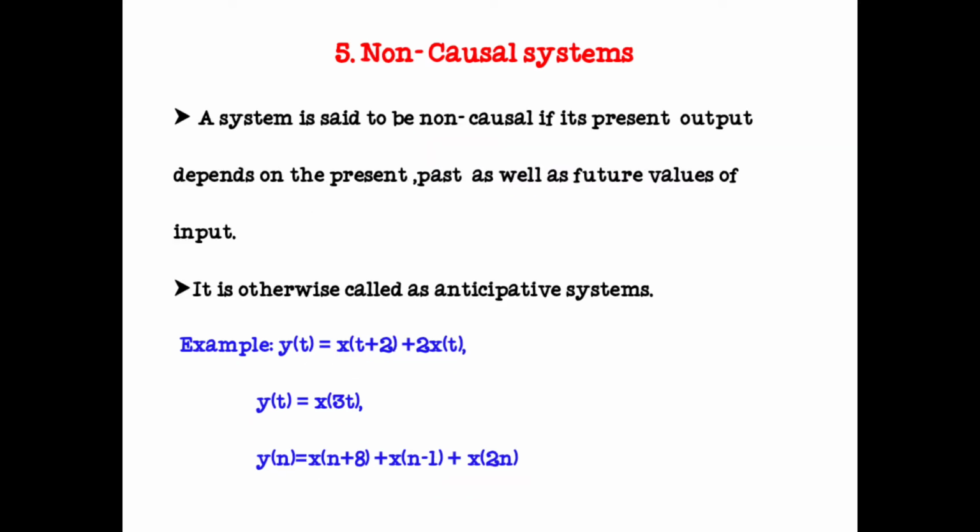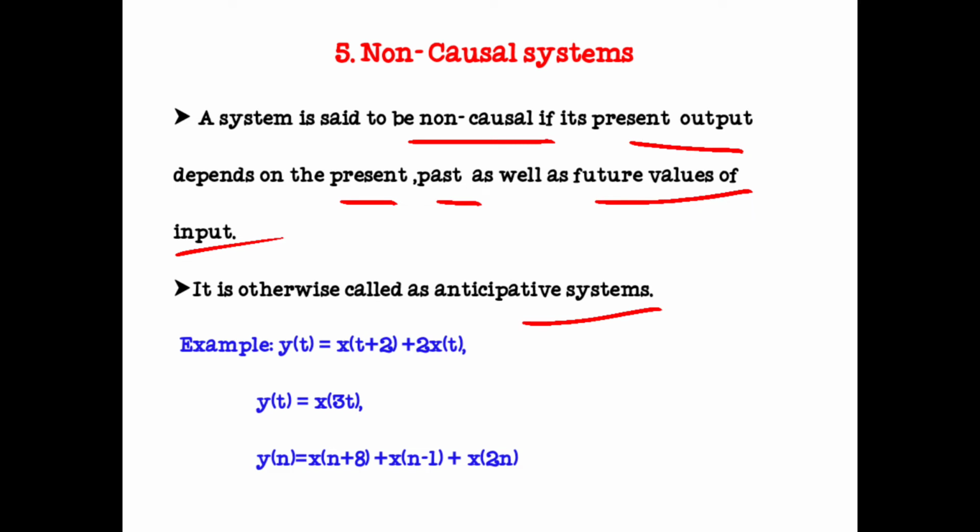So non-causal, a system is said to be non-causal if the present output depends on the present, past as well as future values of the input. Or you can say a non-causal system is one in which its present output depends on the future values of the input. It is otherwise called as anticipative system.